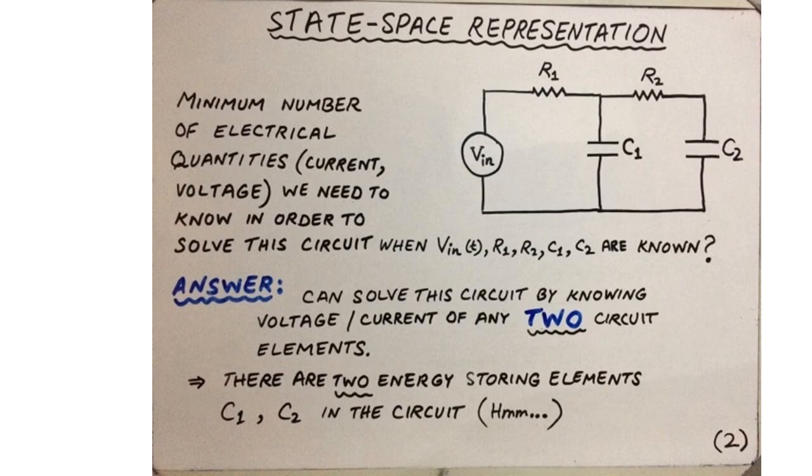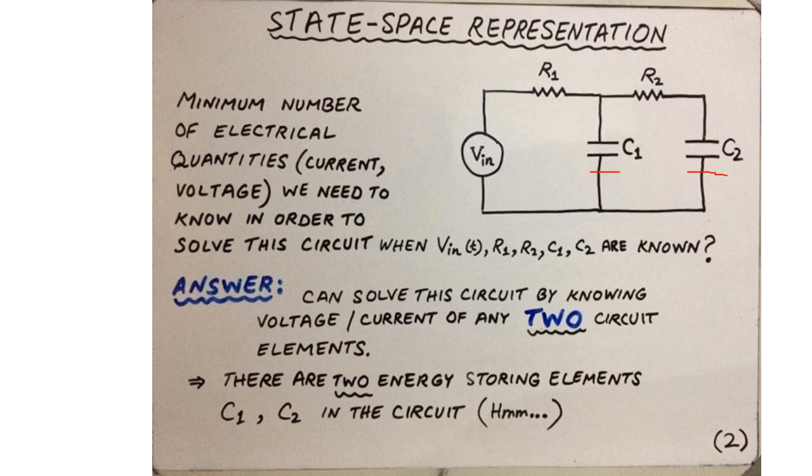In this example, note also that there are two energy storing elements in the form of two capacitors C1 and C2. And we know that the capacitor stores energy in the form of electric field potential energy, often represented as proportional to the charge, which is again proportional to the electrical potential or the voltage. We saw in the previous slide that we needed to know two electrical quantities to solve the circuit.